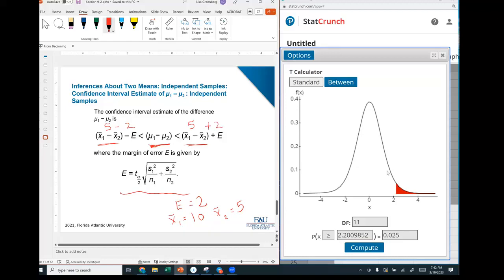So I know that the difference in my population means is going to be somewhere between 3 and 5. Okay, that's basically, I have a certain confidence that it's going to be between those two values. That's really all that says.